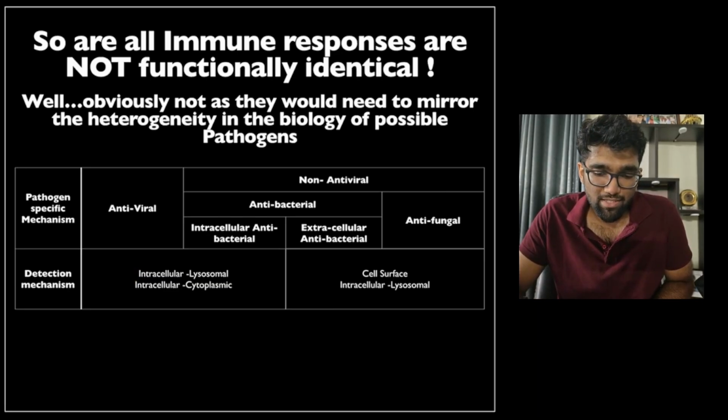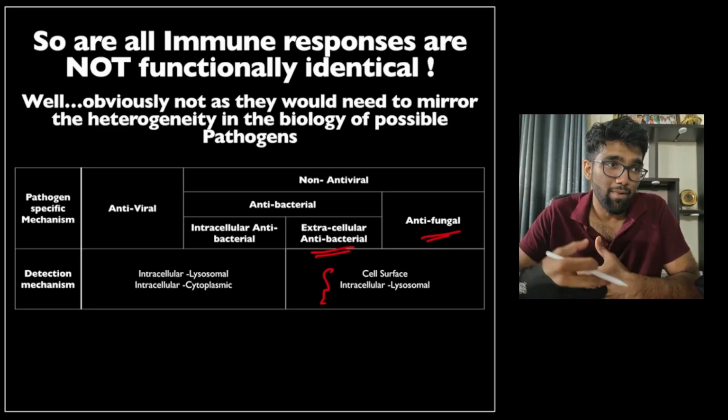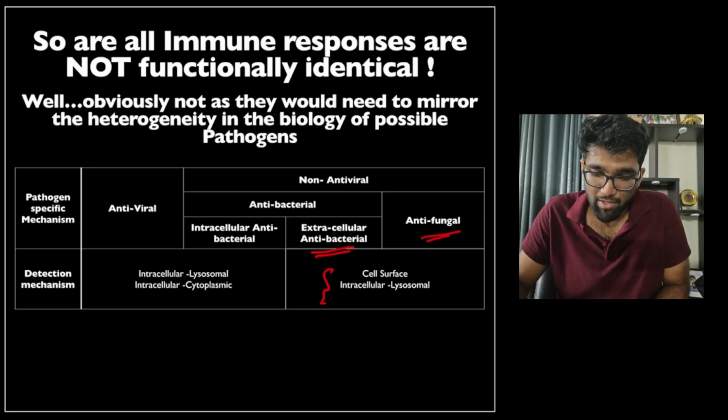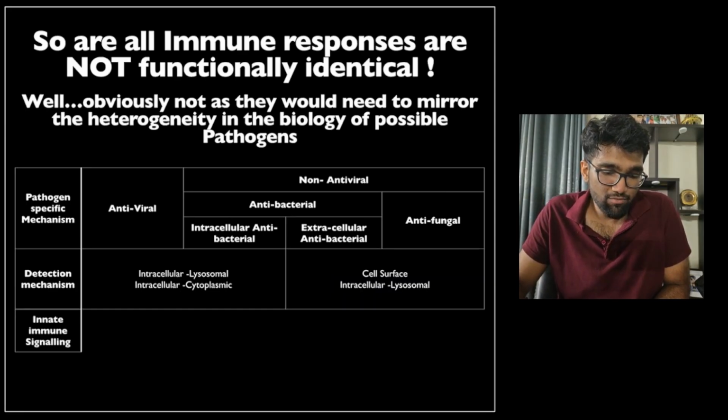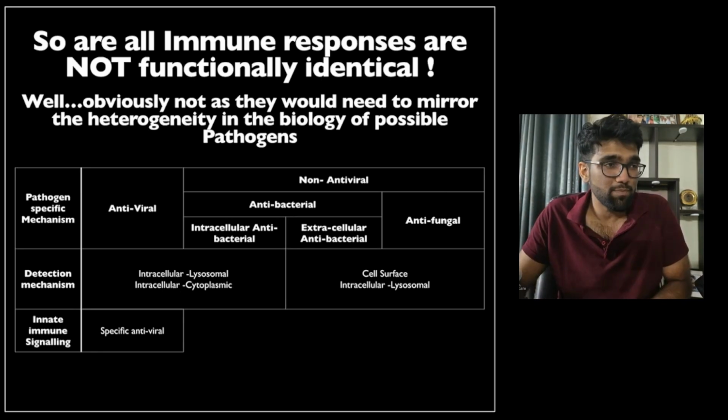Now, in the case of extracellular antibacterial responses and fungi, because they're mostly extracellular, we have the cell surface and intracellular lysosomal compartments, because lysosomes are formed by internalization of the external environment. So that's where the mechanisms are located. And what is the kind of signaling that happens? I'm not going to describe the signaling right now, but broadly speaking, it can be called specific antiviral signaling.